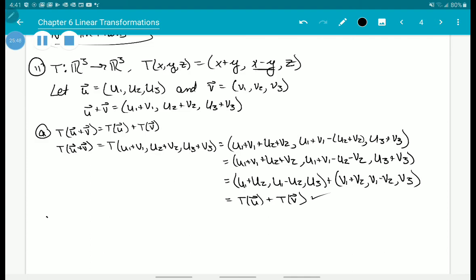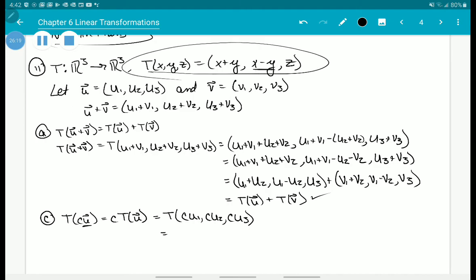If we look at the second axiom, so T of cU would be applying the transformation for cu1, cu2, cu3. Substitute in to this definition.